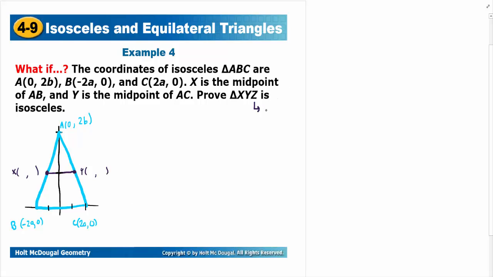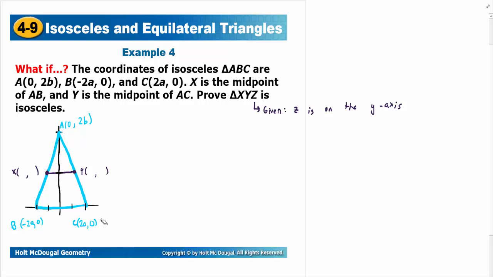So given Z is on the y-axis, I'll just use this as an example to help us prove this. Otherwise, I can come up with a counterexample. I would put Z right here, or right next to Y or something like that, and it wouldn't be true. So we need to have Z in the middle.